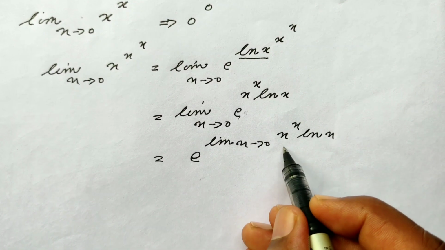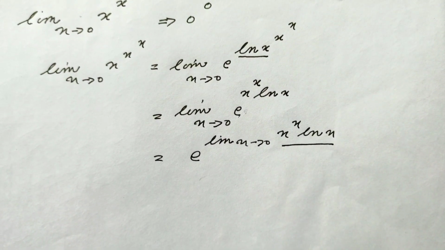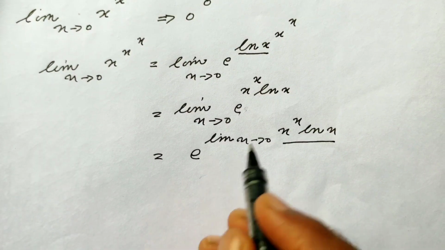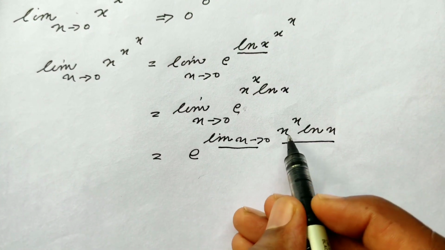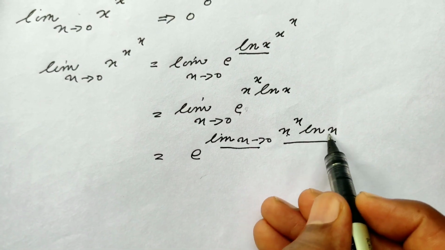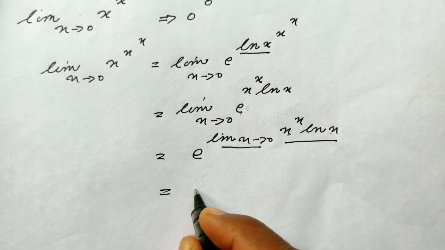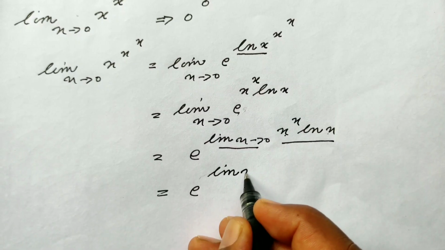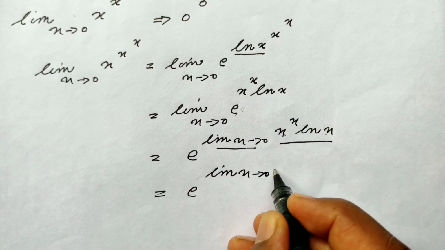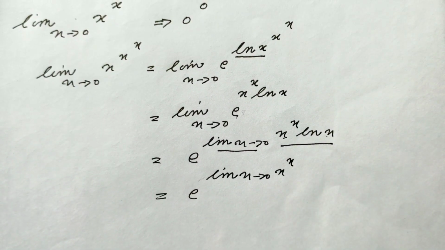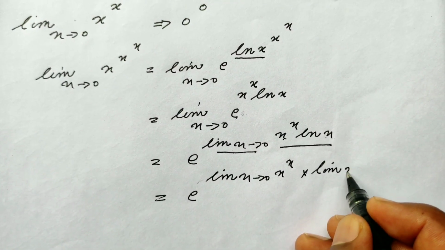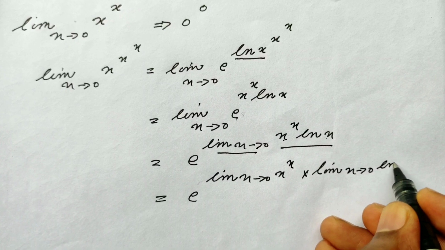We know the limit of a product equals the product of limits, therefore I am applying limit separately to the x power x and ln x, so it can be written as exponential limit x tends to 0 x raised to x into limit x tends to 0 ln of x.